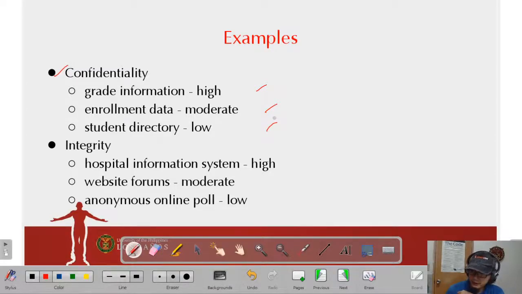So in terms of confidentiality, grade information, a violation of or unauthorized access to grade information is a high level impact.